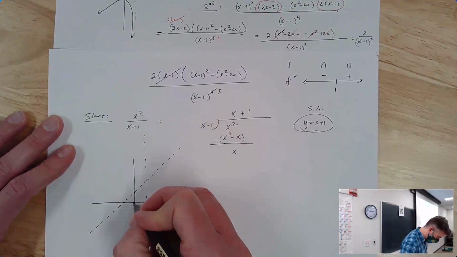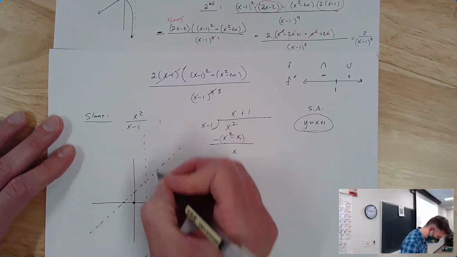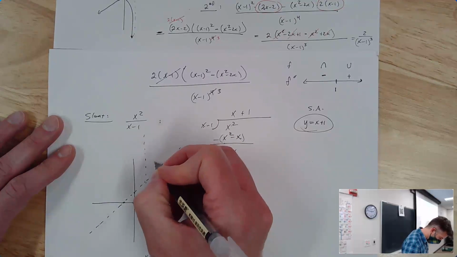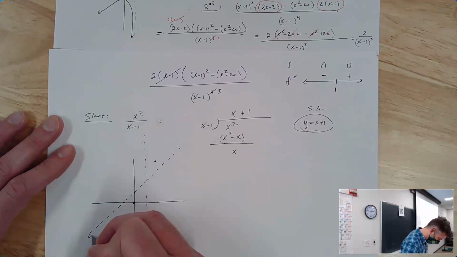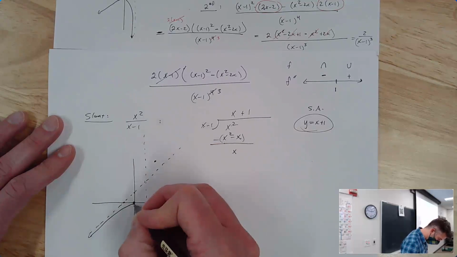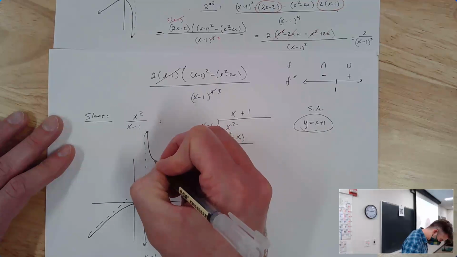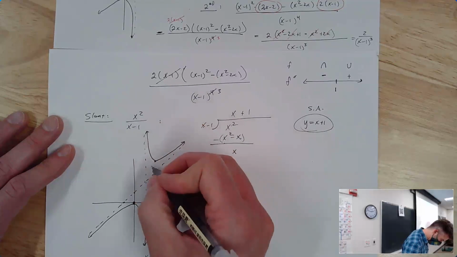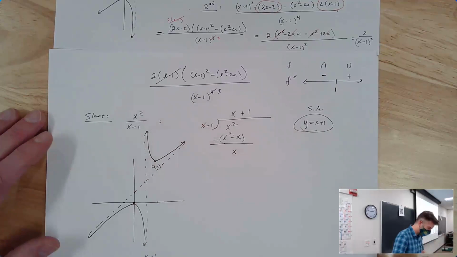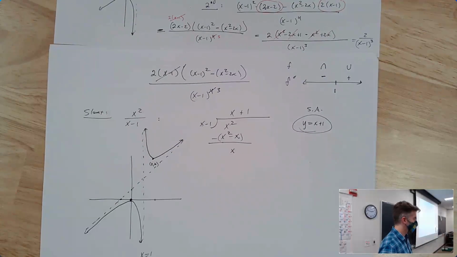And now there's my intercept, and here's the point (2, 4). It's going to look like this. So there's a better drawing of our graph.